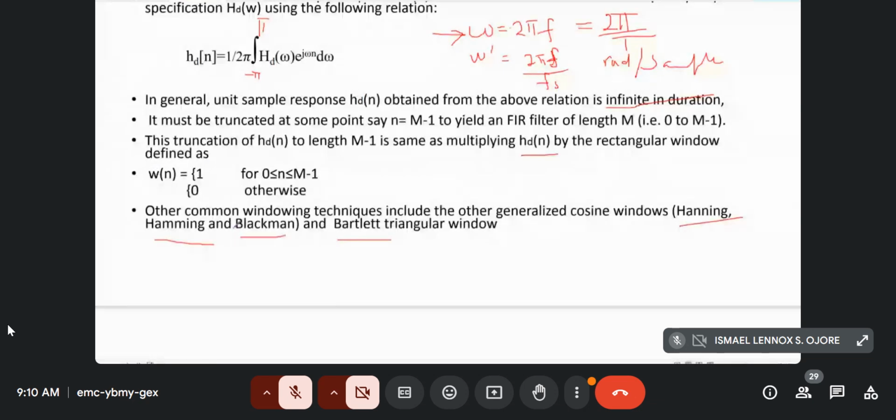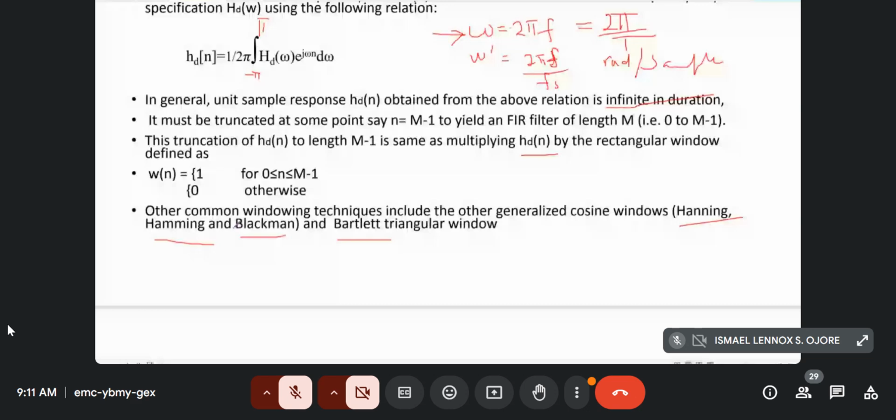Yeah. So the other method is, of course, the frequency sampling technique. In this method, the frequency response is sampled to obtain a set of frequency samples. We are saying that because the frequency response is the DTFT.